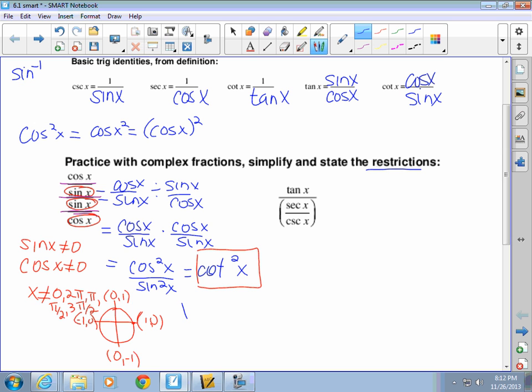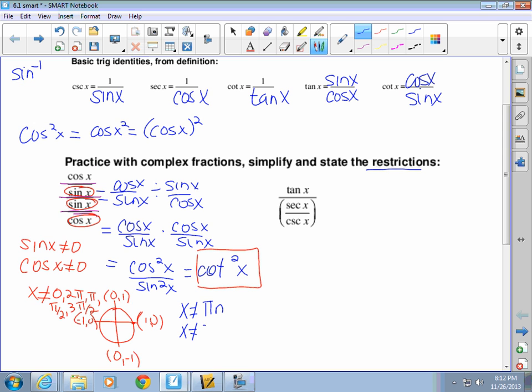So our restriction simplified would be pi times n, and restriction is also then at every pi over 2, 3 pi over 2. So then they'd be back again at this here. If we go back around, it's going to be 5 pi over 2, and then 7 pi over 2, and then it keeps going around and around.